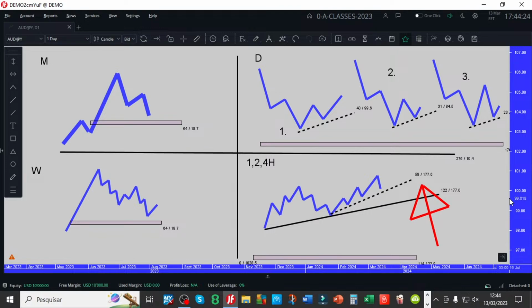What about you guys? Yuka, long or short on the 1 hour, 2 hour? Ala says long. Jordanka long. Come on everybody. Wisdom short.